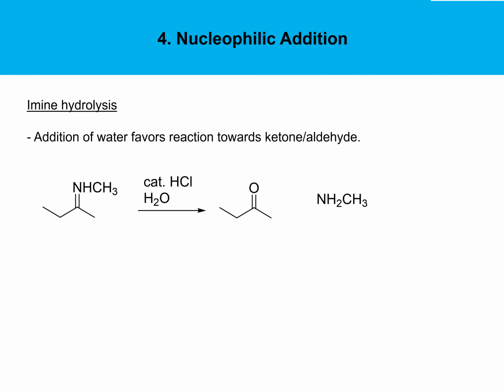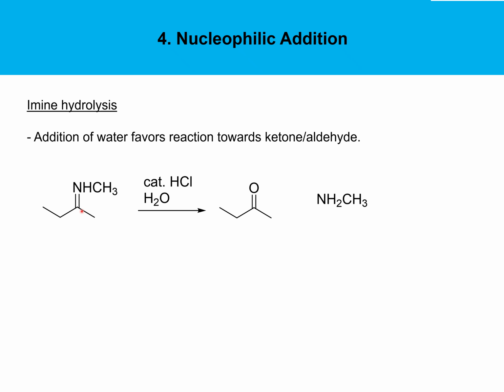As I mentioned previously, the formation of an imine is a reversible reaction. So if we add water, which is the byproduct of imine formation, and we also add HCl, we can reverse that reaction. Here's an example with an imine. If we add a catalytic amount of HCl and water, we can turn that imine into a ketone, and you can tell it's going to be a ketone by the fact that this imine is at a carbon that has two alkyl groups.